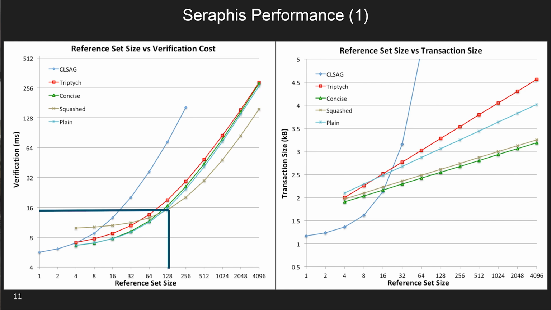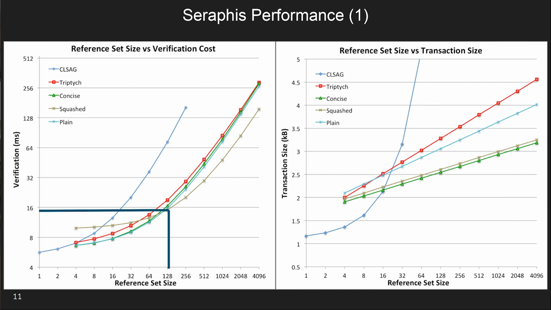Up here we have CLSAG, which is what we have in the current protocol. So right here is 11 ring members. Over here is 128 up here. We also have Triptych and then some variations on Seraphis, on how to implement it.